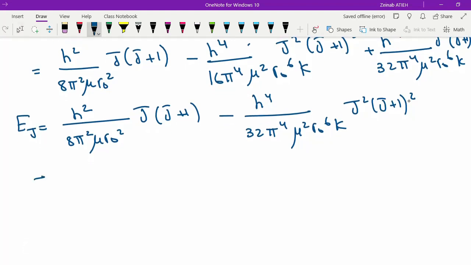So Fj, or F of j as I used to call it, is simply the energy divided by hc.